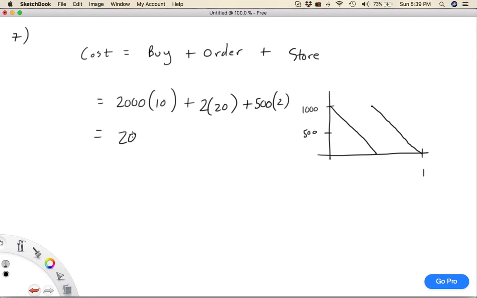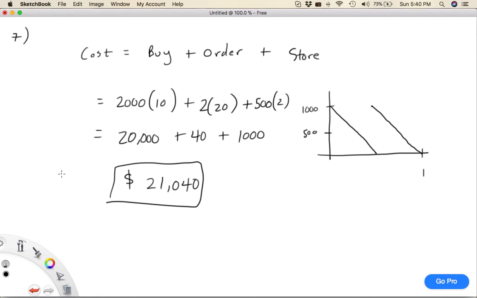So we've got still, right, the 20,000 for the wine, that's not changing. 40 bucks to place the orders, and $1,000 for storage. So we still came out ahead, right? We got $21,040 is our total cost now. And that's going to be part B.